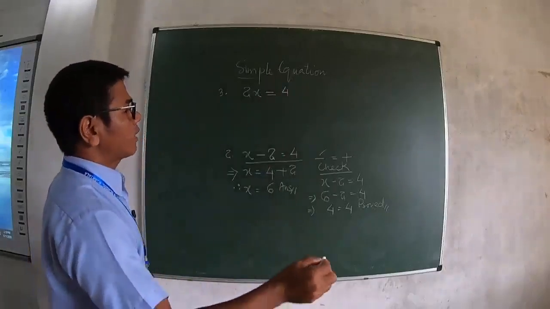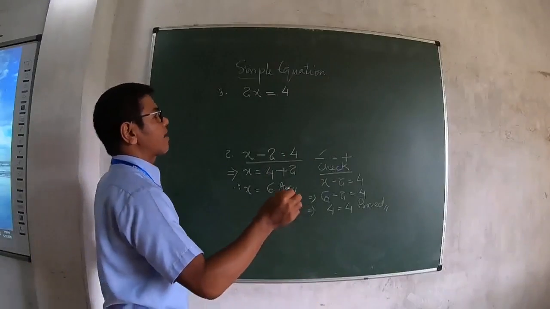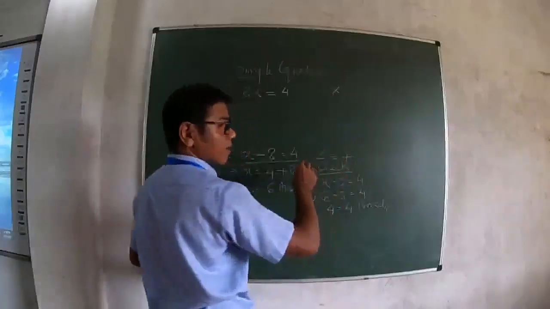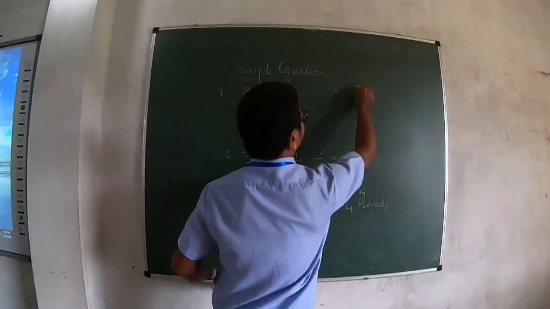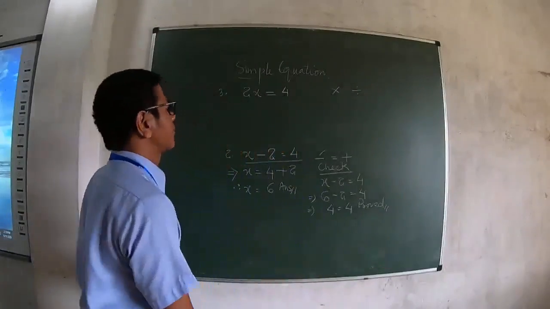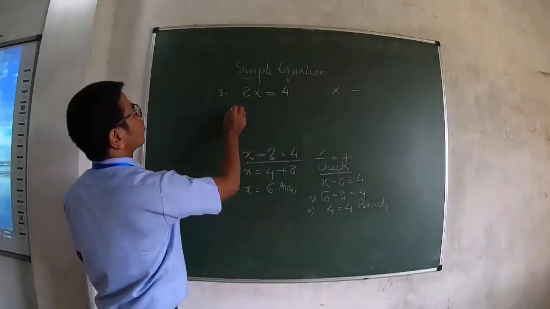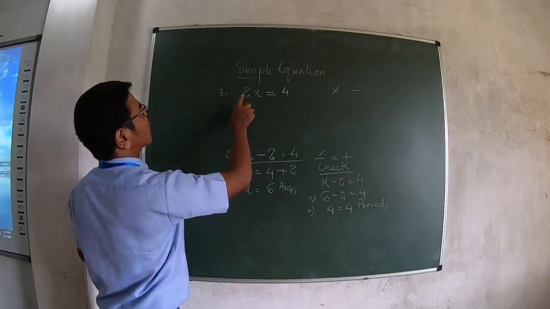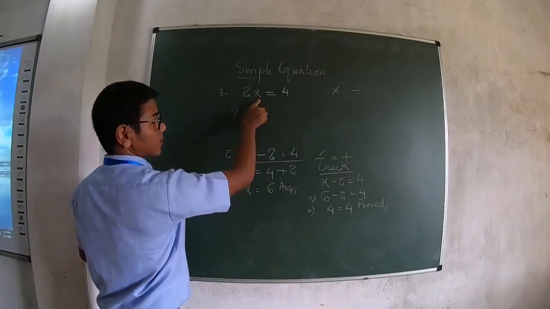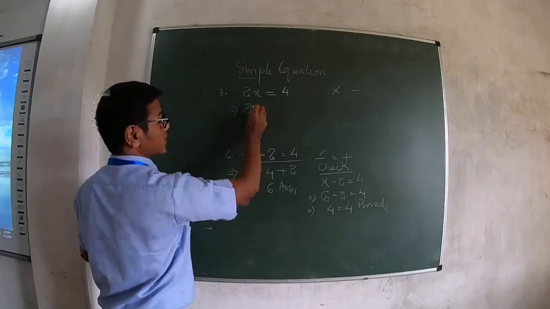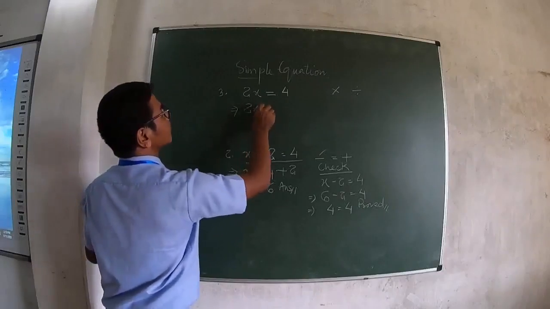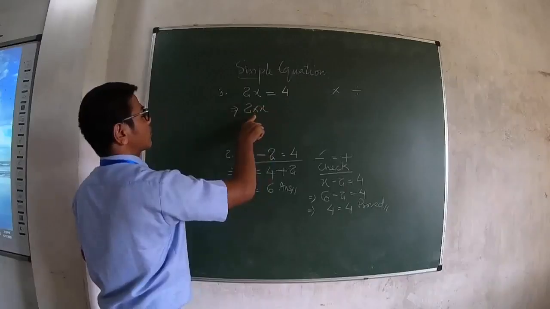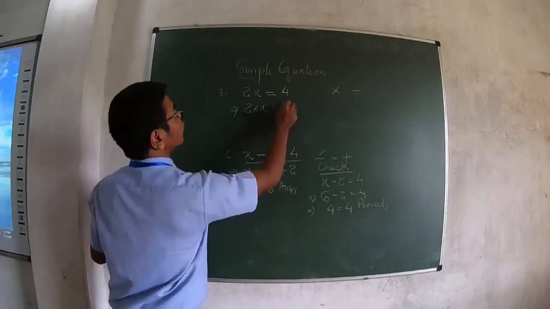What I told you in the tips: multiply goes to the right, it becomes divide. Please make note of how we write 2x. 2x means 2 into x, equal to 4.